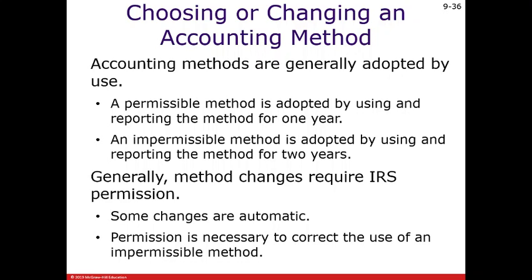Regardless of whether it's a permissible accounting period or method or impermissible, once you adopt it, you must get the IRS's permission to change. If it's a permissible change and you want to choose a different method that's permissible, you've got to have a good reason why you're changing.